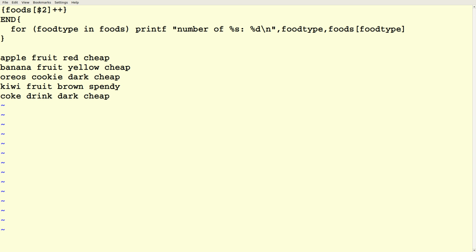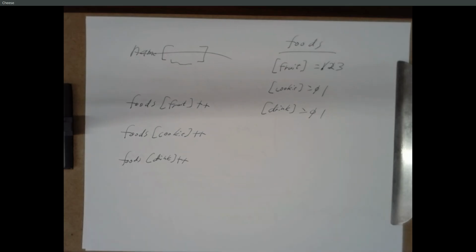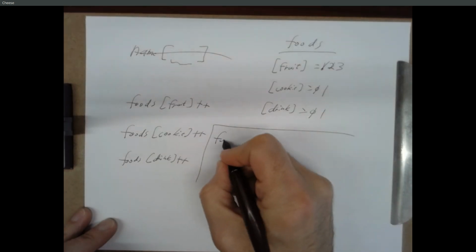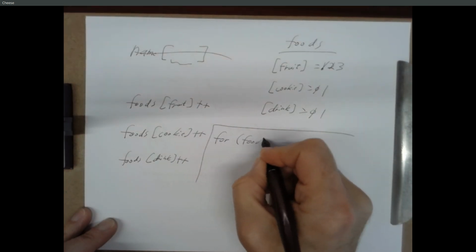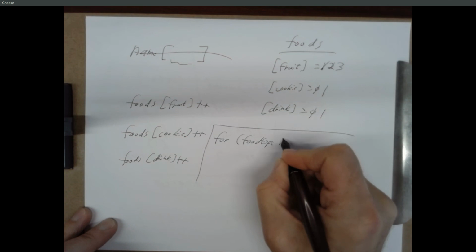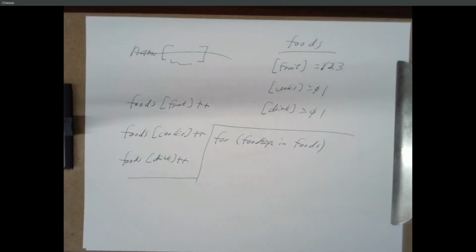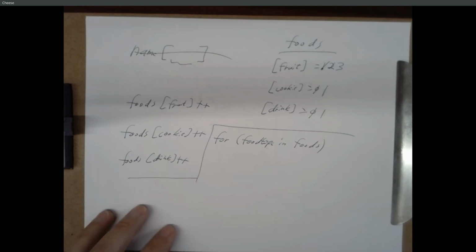This is a typical for loop for associative arrays. It says for (food_type in foods). Okay, so that needs some explanation.